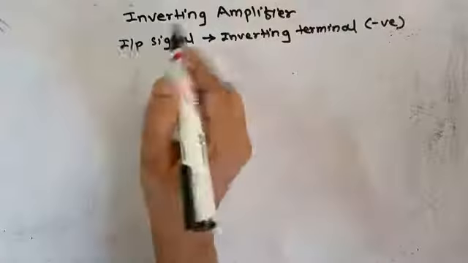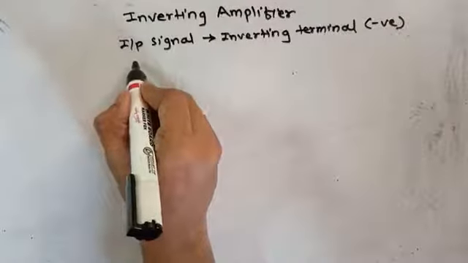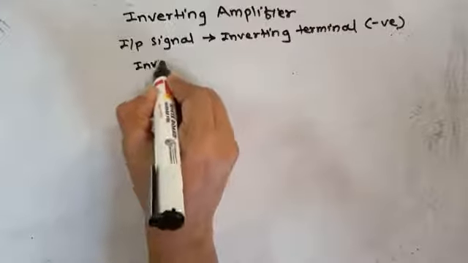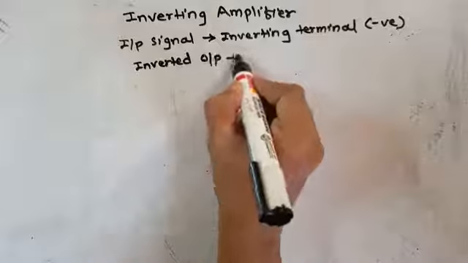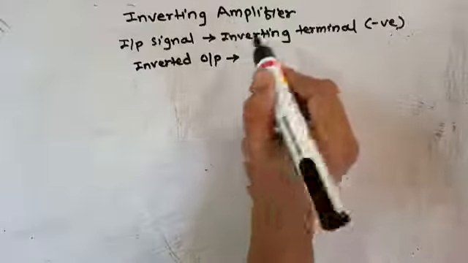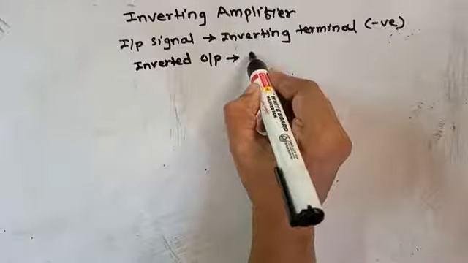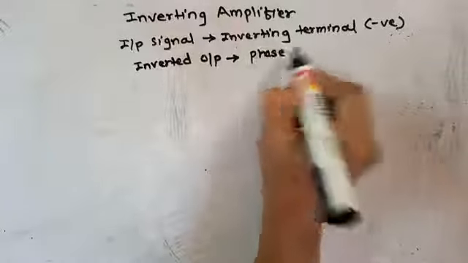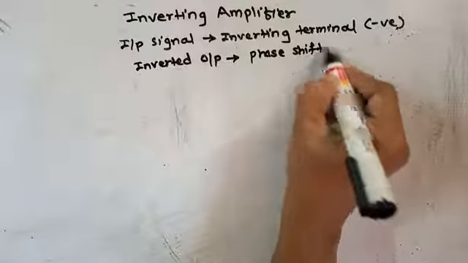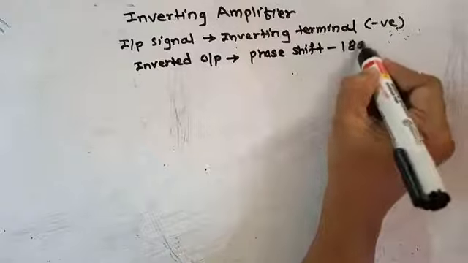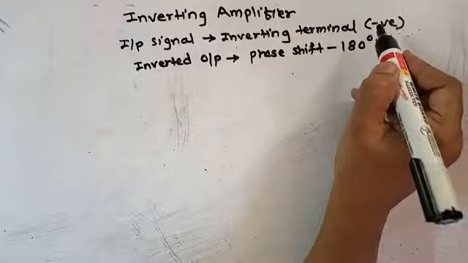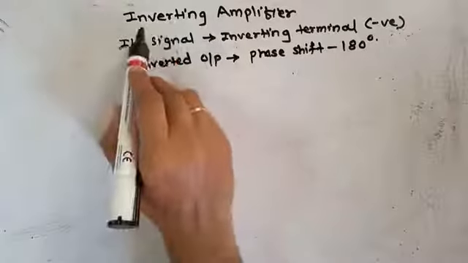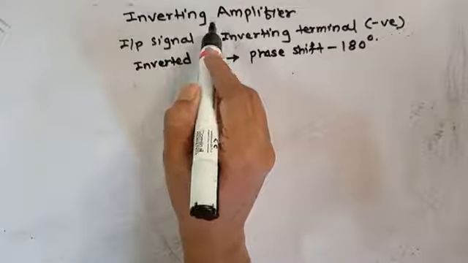That's why we are getting the inverted output, because we know that an inverting amplifier produces a phase shift of 180 degrees between input and output. So that's why we can call this circuit an inverting amplifier.